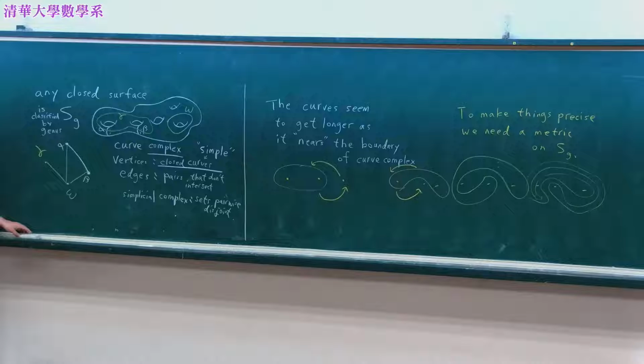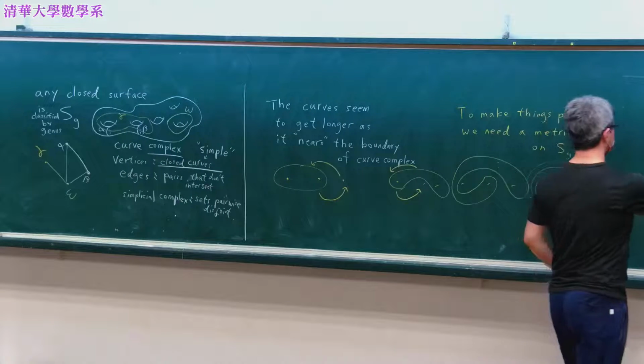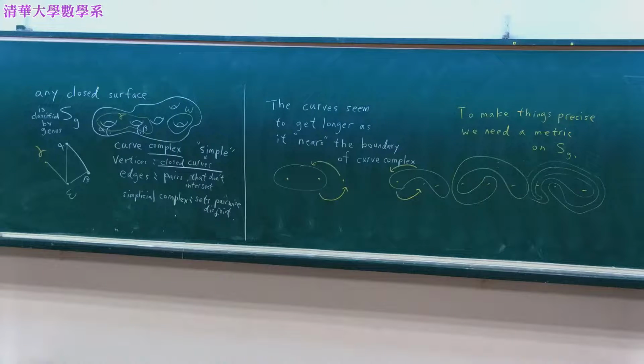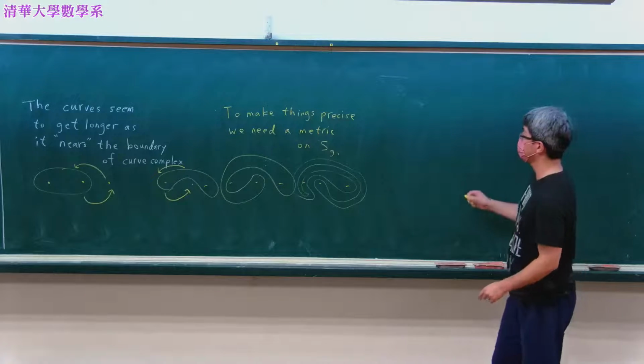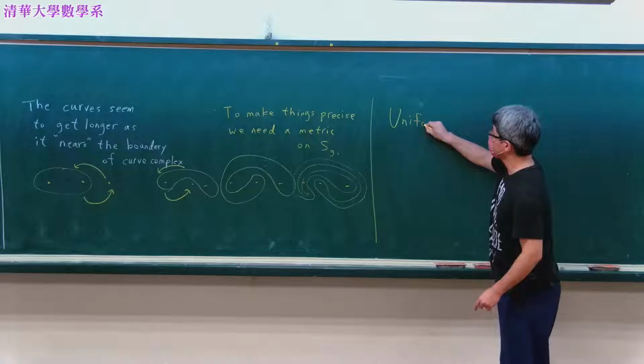And so this comes back to the end of the 18th century, or maybe World War II. So we don't need the curve complex anymore. Instead, we need a quick story in hyperbolic geometry. And the key word is uniformization.